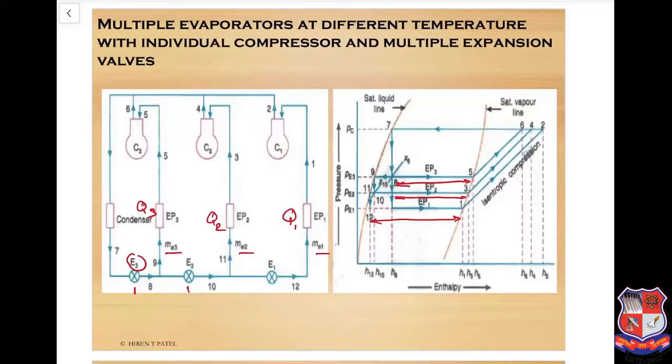In the previous system, that is in the last lecture, we have seen that the individual expansion valves are there here, here and here. So every mass was passing from one and only single expansion valve, but in this case mass is passing from different expansion valves.